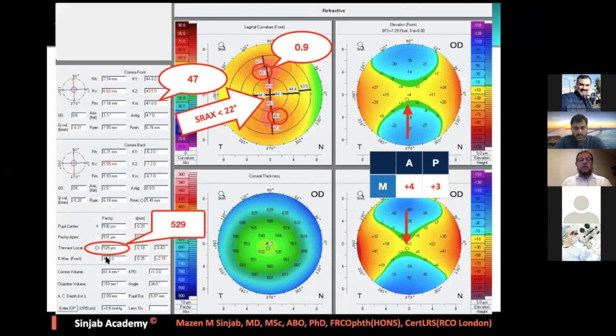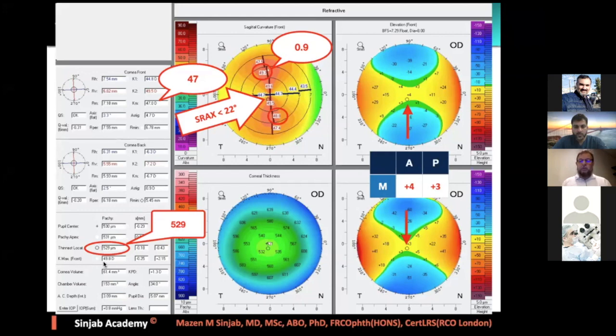In addition, look at the Kmax. The Kmax is 49.8. We don't depend on Kmax for classification of the cornea, whether it is normal or abnormal. I classify this cornea as very normal in spite of the high K reading, in spite of the high Kmax, which is 49.8.